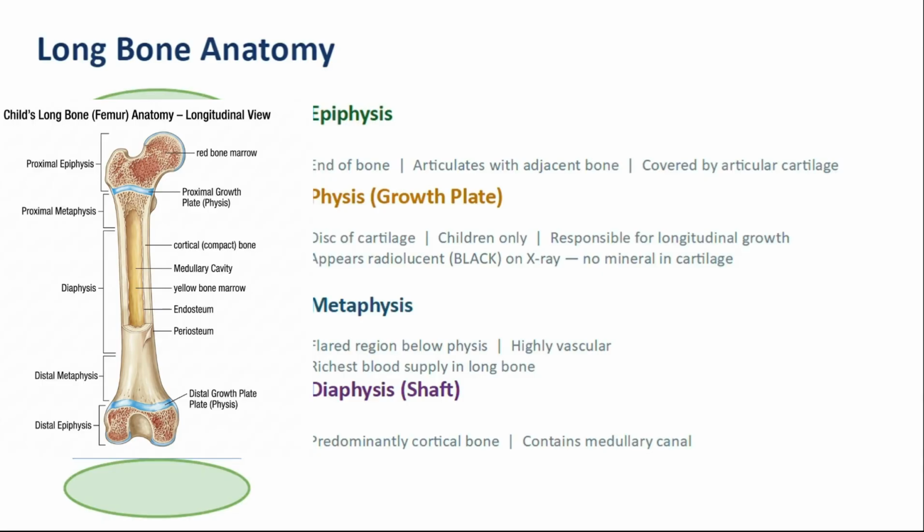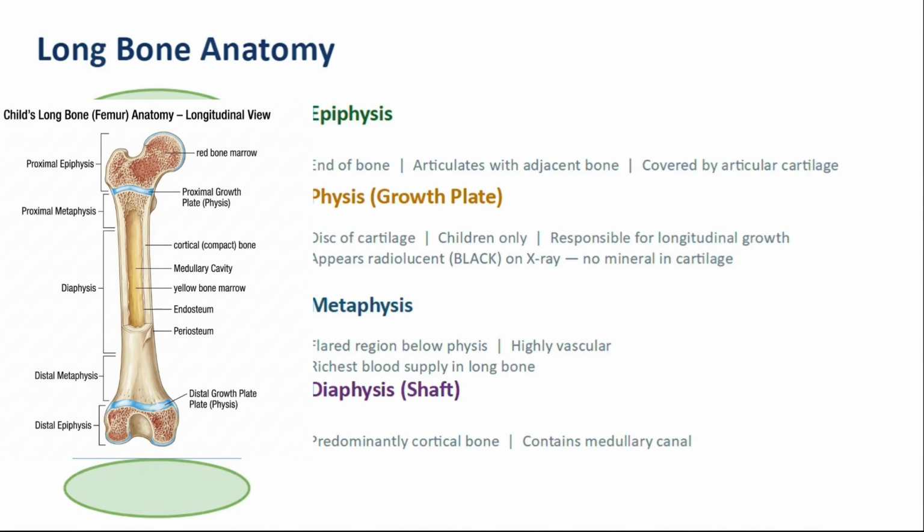This epiphyseal plate helps the bone to grow longitudinally. When we see this growth plate on the X-ray, it appears radiolucent. There will be no mineral deposition. We will see when the mineral deposition happens in the bone.